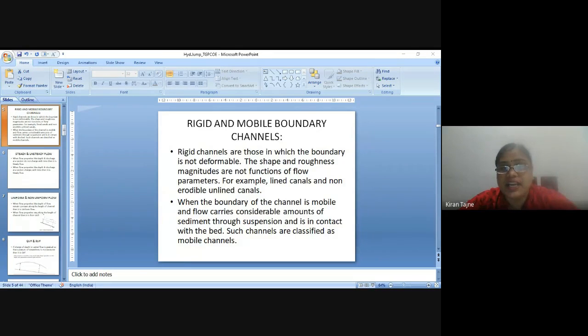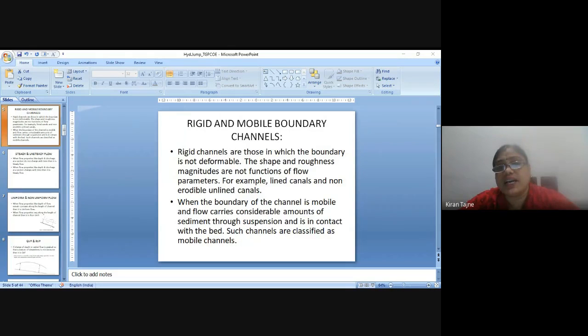And in a rigid channel, the flow velocity and shear stress distribution will be such that no major scouring, erosion or deposition will take place in the channel. And channel geometry and roughness are essentially constant with respect to time. So when the boundary of a channel is mobile, that means flow carries a considerable amount of sediment through suspension and is in contact with the bed.